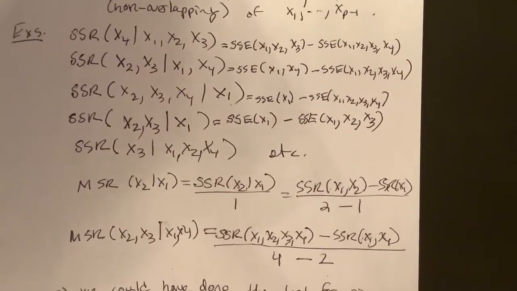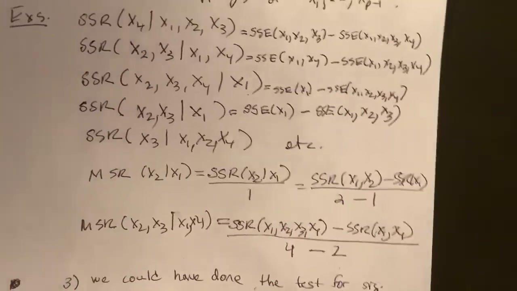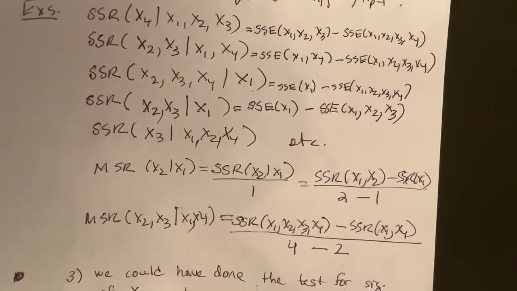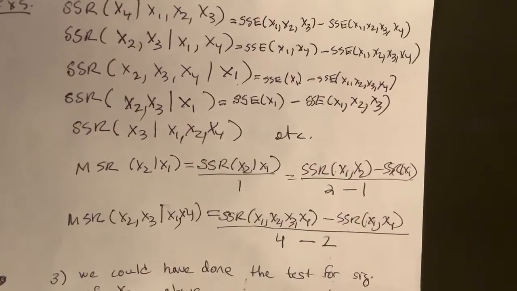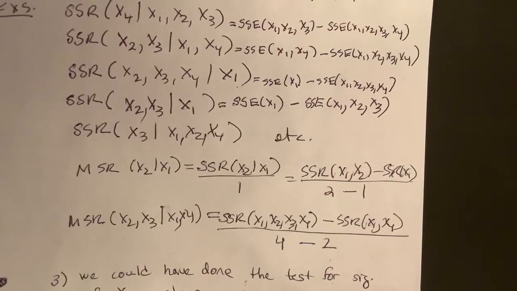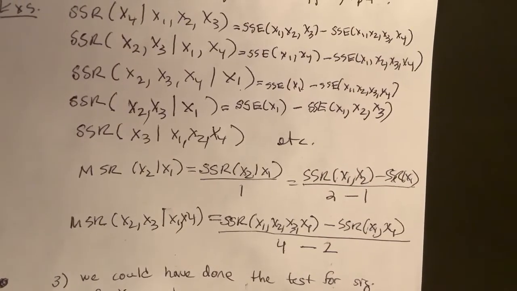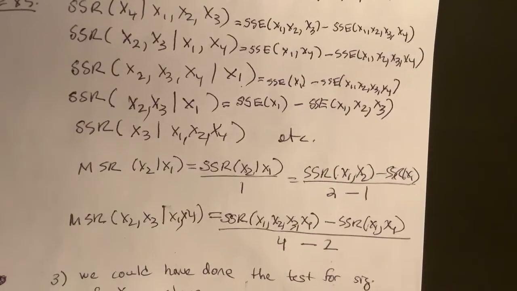And then what would MSR be? MSR comes from the extra MSR, that is, so MSR x2 given x1, just write it out using the SSR or the SSE, and you can see what it should be.